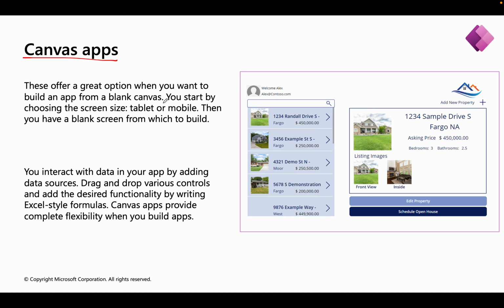For example, you start by choosing the screen size. There are two kinds of screens: one is tablet, the other is mobile. This one is for tablet, and this one is for phone. However, you need to start from a blank screen, then build your app.